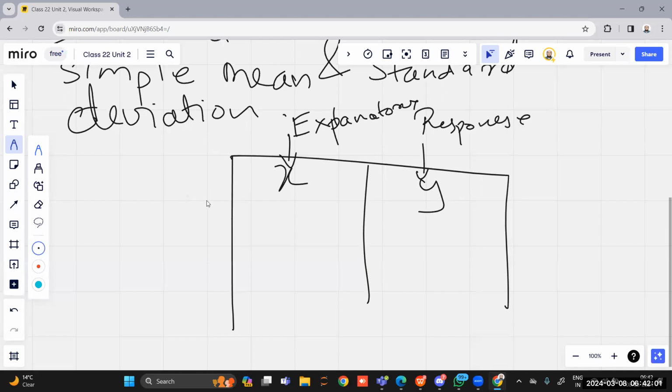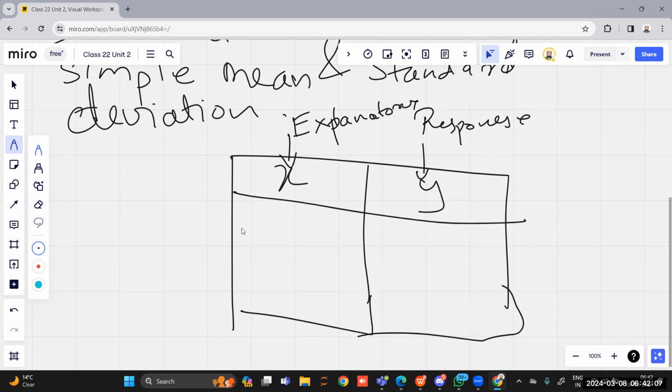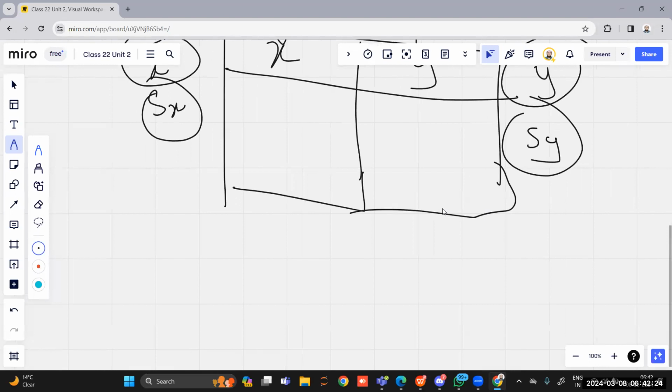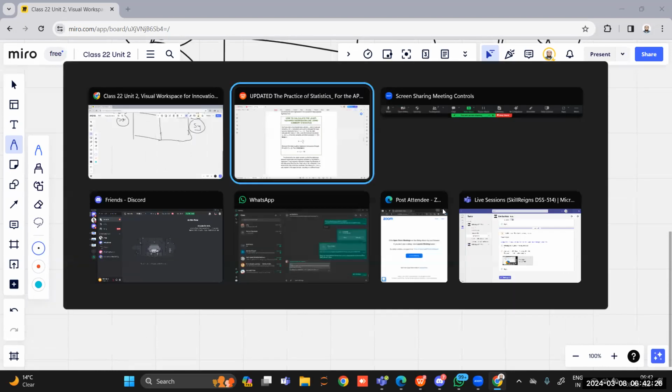We have the data points of x and y. What we need to calculate for x and for y is x bar, the standard deviation of x, y bar, and the standard deviation of y. This is the mean of x, this is the standard deviation of x, this is the mean of y, and this is the standard deviation of y.